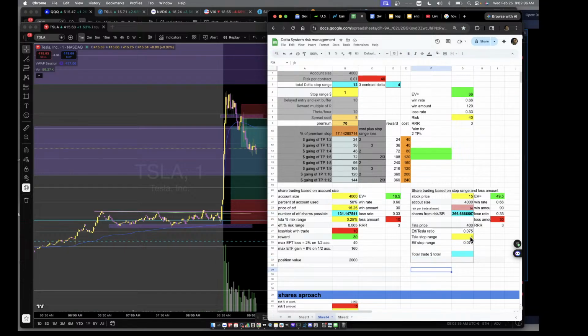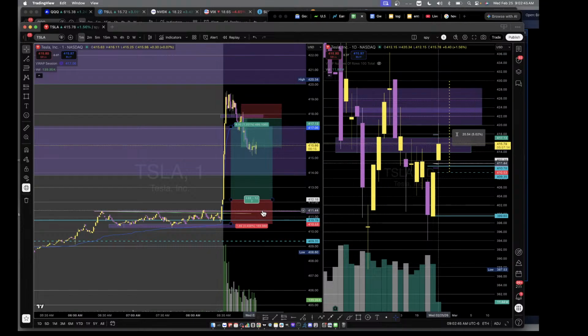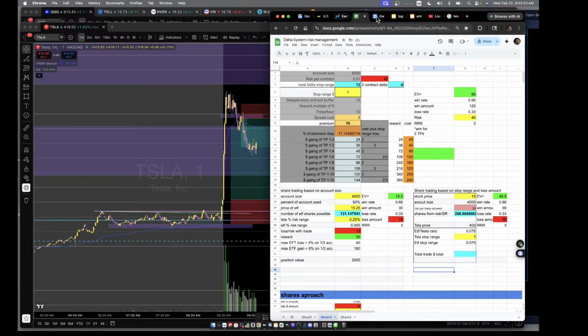When Tesla loses $1, the ETF loses 0.7. Let me give you an example. Tesla loses 1.65. The ETF loses 12 cents. And my risk is now 161.